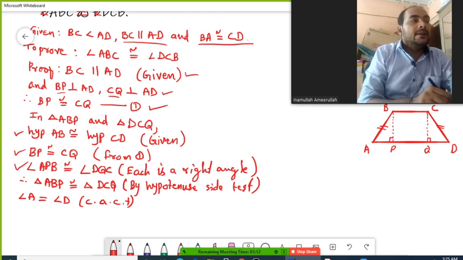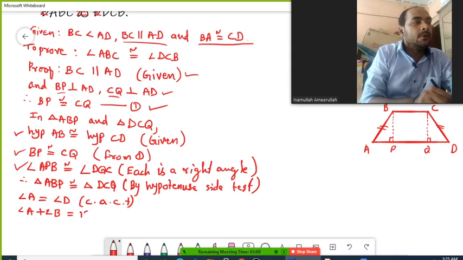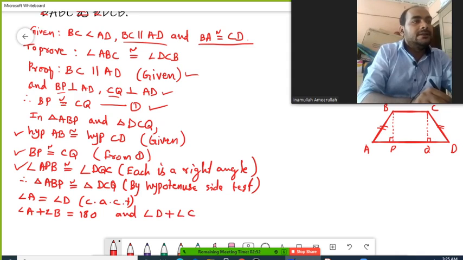So here I can say angle A plus angle B is 180, and angle D plus angle C is also 180, because they are interior angles.